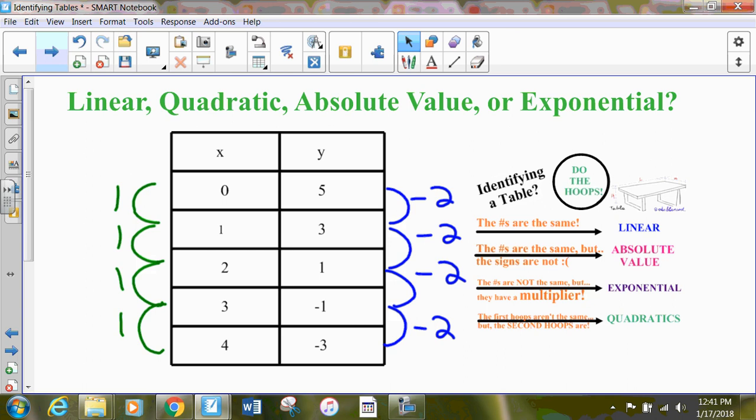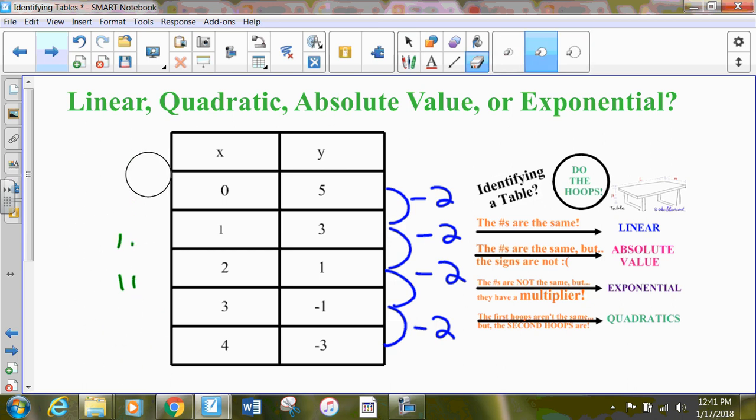So in the tables we're looking at in this activity of trying to identify which function a table represents, all of the inputs either increase by 1, like this input side does, or they decrease by 1, and we don't need to worry about them. They are not important in picking up the pattern that lies within the output column. So I just want you to understand why we're only doing hoops to the output side.